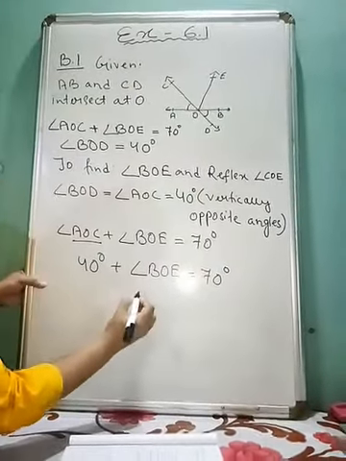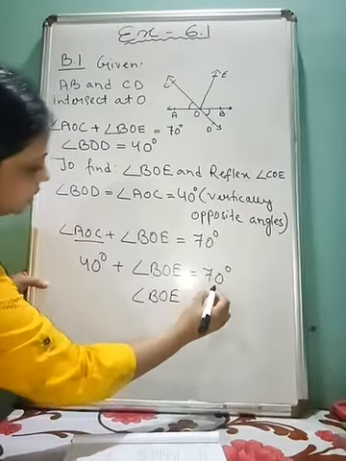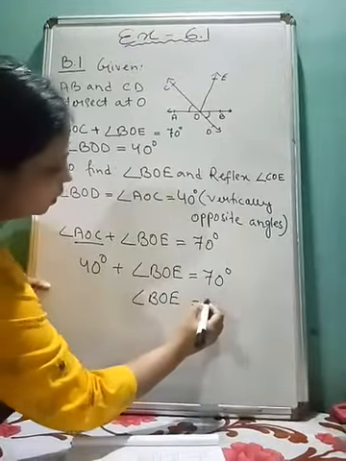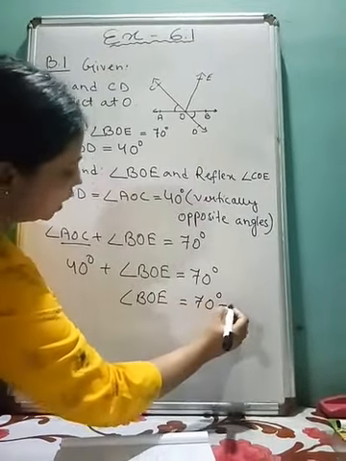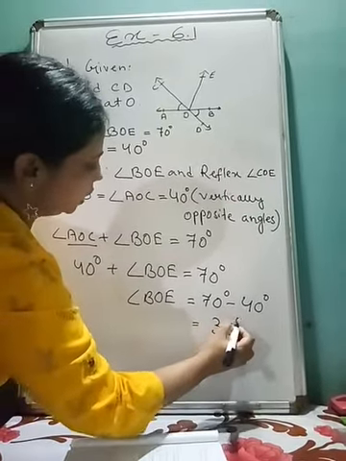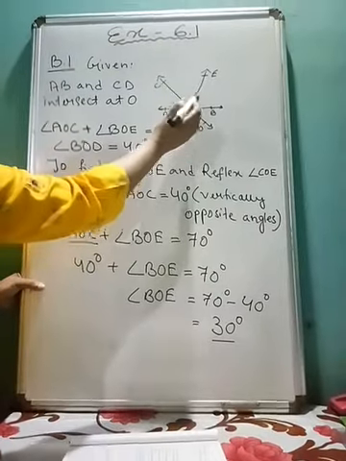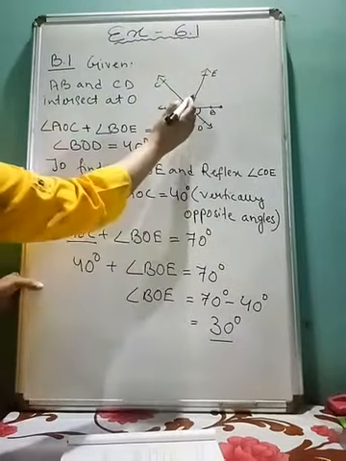So from here we can see that angle BOE is equal to 70 degree minus 40 degree, that is equal to 30 degree. Okay, we have found BOE, that is 30 degree.